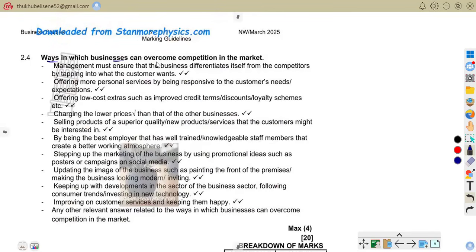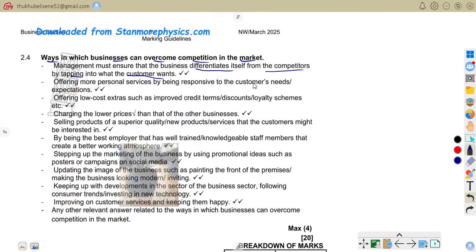Management must ensure the business differentiates itself from competitors by tapping into what the customer wants. So this is whereby you fight for competitive advantage. You want to differentiate your business from your rivals.